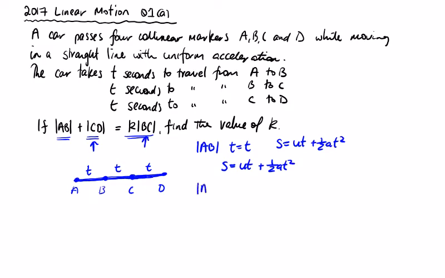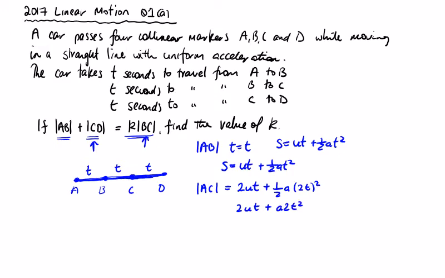AC is equal to, well, t is 2t, so 2ut plus a half a by 2t all squared. So that's going to give me 2ut plus a half of 4t squared, which is 2t squared.